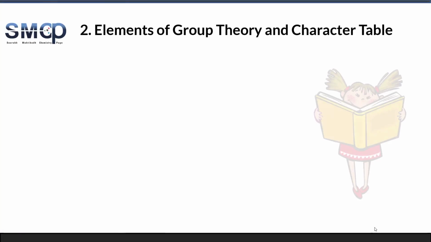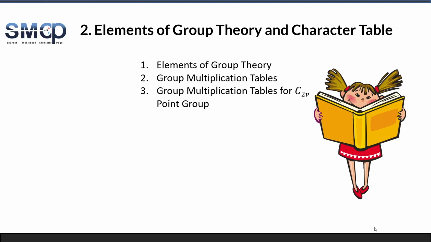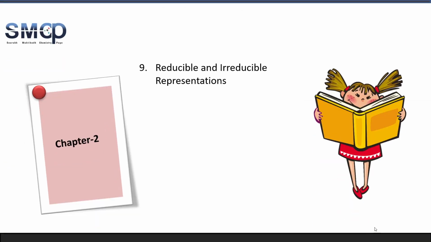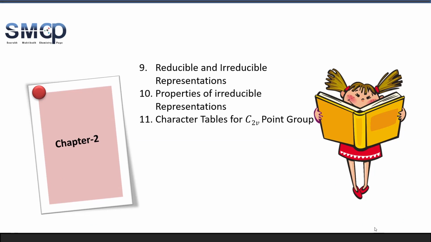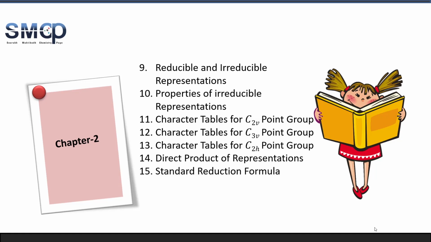When you talk about chapter 2, elements of group theory and character table, the various components are elements of group theory, group multiplication tables, the group multiplication table for the C2v point group, for C2h, and for C3v, group multiplication table for C3h as well, subgroups and classes, matrix representations, followed by reducible and irreducible representations, properties of irreducible representations that we call the great orthogonality theorem, character tables for C2v, C3v, and C2h point groups, construction and design of various character tables, direct product of representations, standard reduction formula, and how to read character tables part 1 and part 2.